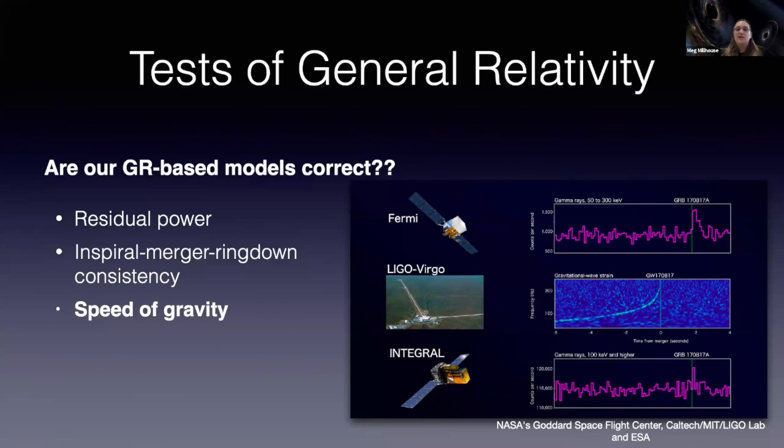And given that this event is so far away, 100 something million light years away, this means the speed of light and the speed of gravity don't differ by more than 1 part in 10 to the 15, which is a very tight constraint. So everything we've seen so far does not deviate from GR, but with future detectors where we get much louder signals, we can provide even more stringent tests on the validity of GR.